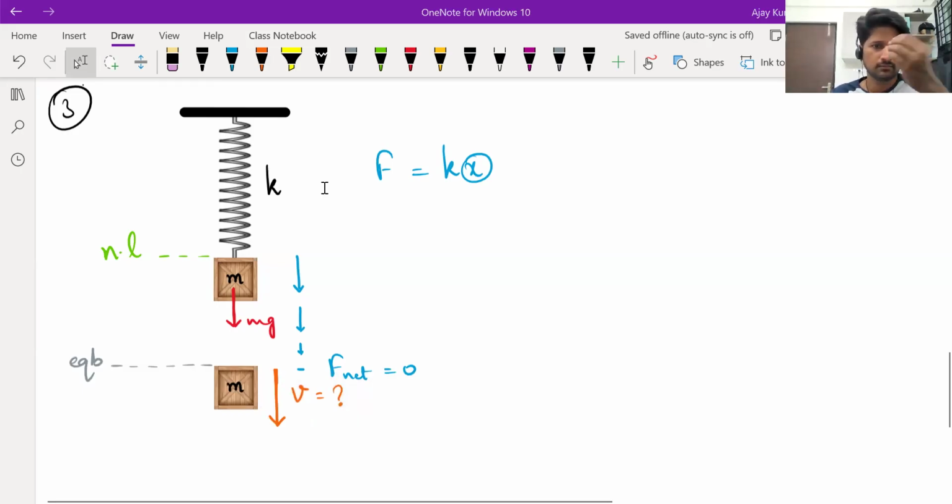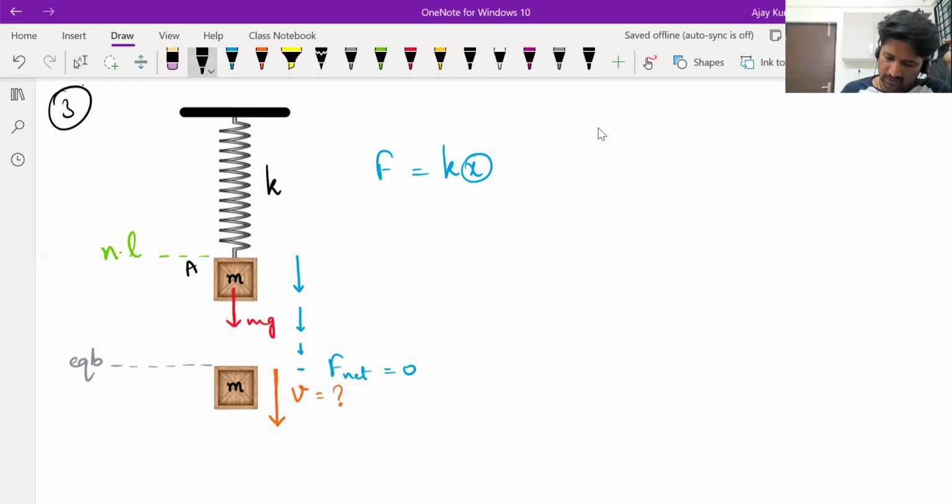Sir, it will have some velocity because as it moves from this position A to this position B, along the way, it experienced a net force in the downward direction. So its speed would have increased and reached some value by the time the net force becomes 0. So it will cross that position and go down also.